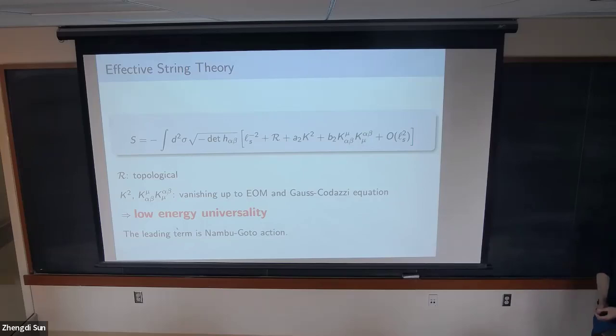But the bad thing is that if you want to really study a specific theory, the non-universal coefficients are very hard to extract because they are very subleading. So we kind of require high precision in the lattice spectrum, or probably some analytic ways of constraining it. But later I will also shed some light on this direction, of how to extract the non-universal coefficients efficiently.